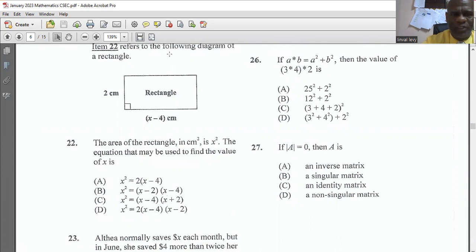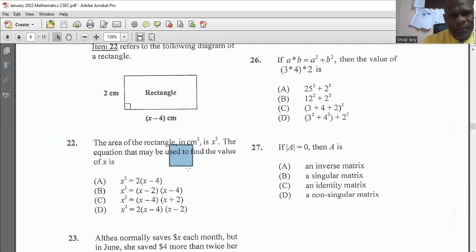So let's say 22 refers to the diagram of a rectangle. The area of the rectangle in centimeters squared is x squared. The equation that may be used to find the value of x is what? So all we're finding is the area of the rectangle. Now what we need to do is write the formula for finding the area of the rectangle.